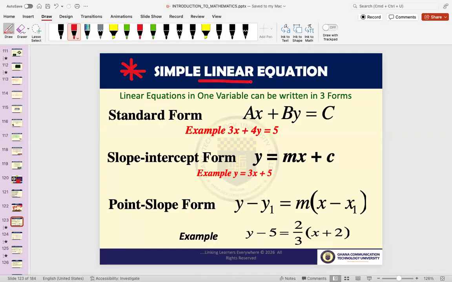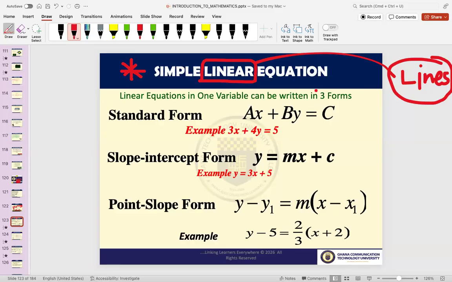Once you see the word linear as an adjective qualifying the equation, linear is coming from the word line. So it means that you can use lines to form an equation. And simple linear equations are formed by lines.